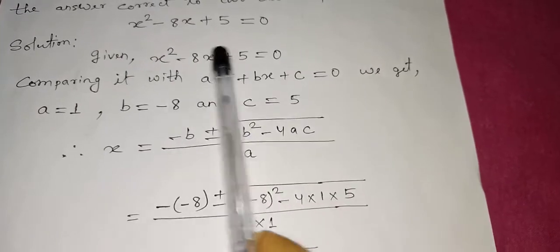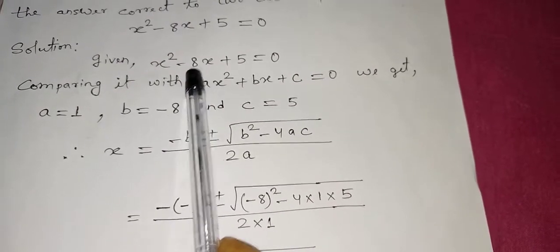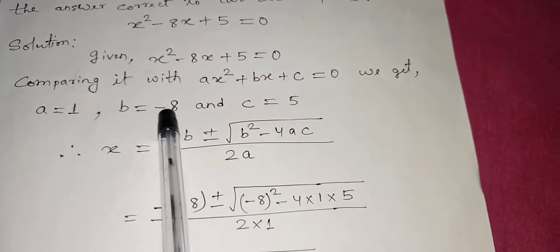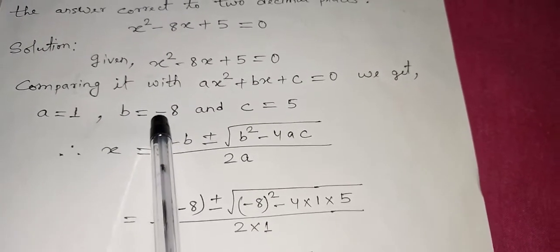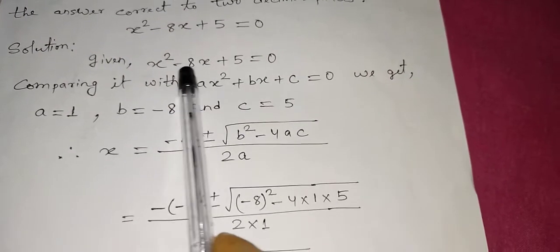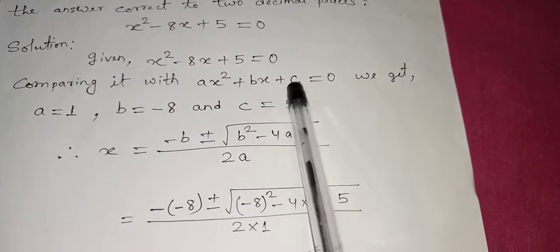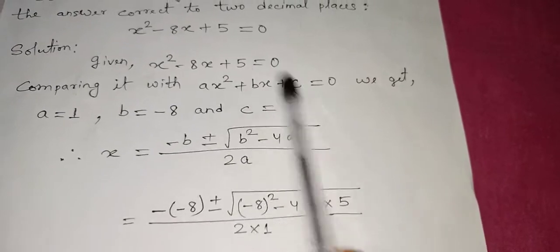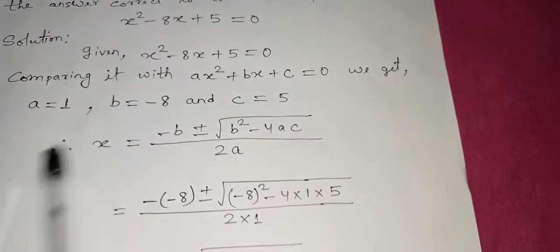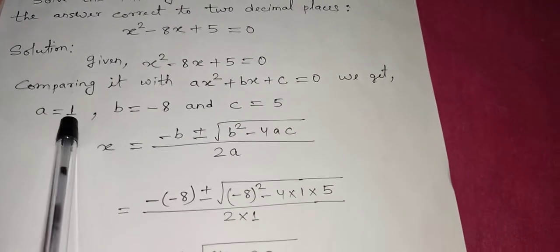The place of b has been taken by minus 8, so I can say b equal to minus 8. Plus value we don't write plus, but when there is minus we should mention it here. And the place of c has been taken by 5, so c equal to 5. So now we came to know a is 1, b is minus 8 and c is 5.